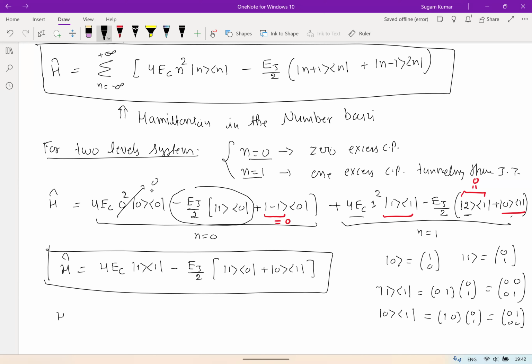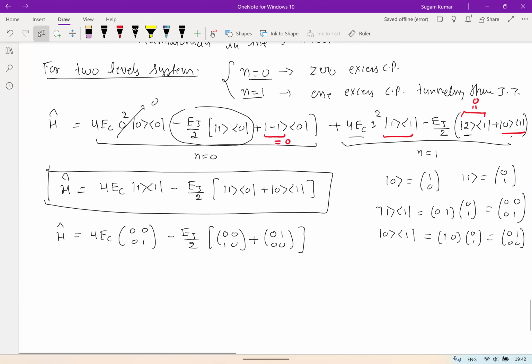So look at here. This Hamiltonian in terms of matrix has become 4 times EC 0, 0, 0, 1 minus EJ by 2 into 0, 0, 1, 0 and plus 0, 1, 0, 0. I can just add these numbers and you can see you're going to have 0, 0, 0, 4 times EC, and this is 1, 1.